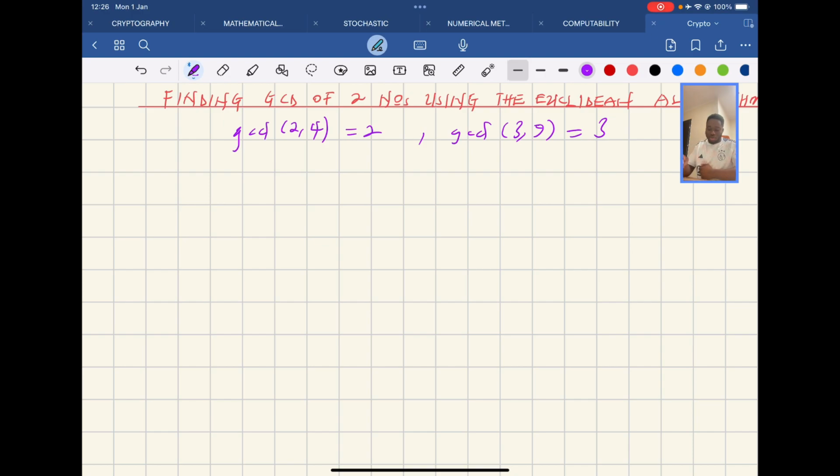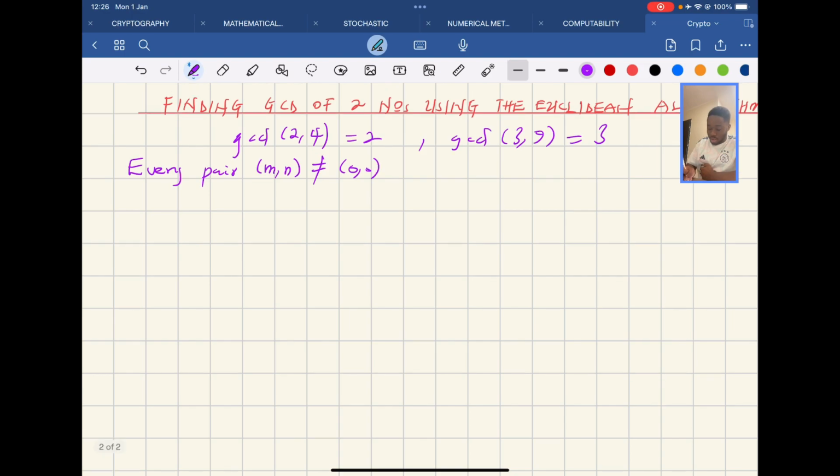Okay, so now we have to note that every pair, which is m and n, if this pair is not equal to 0, 0, then their GCD does exist.